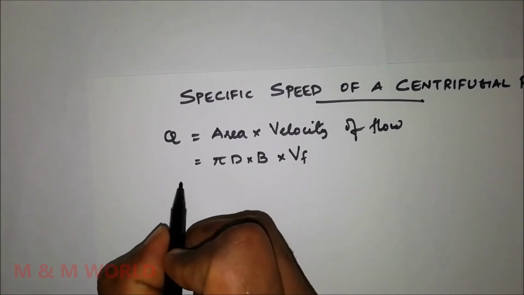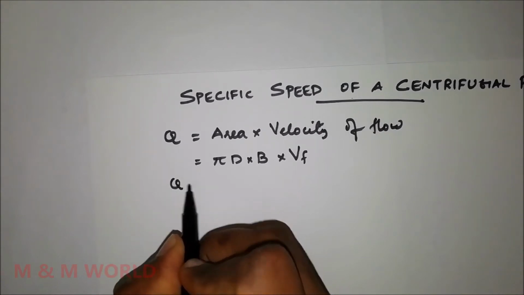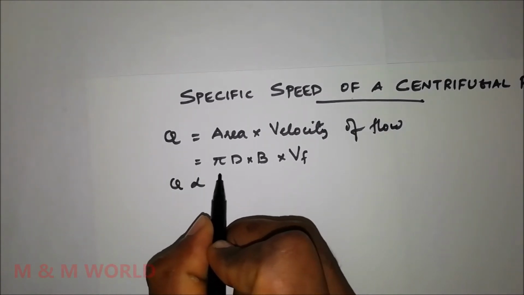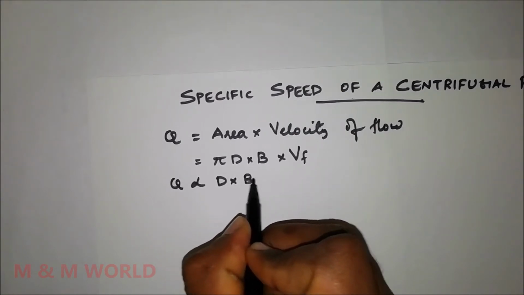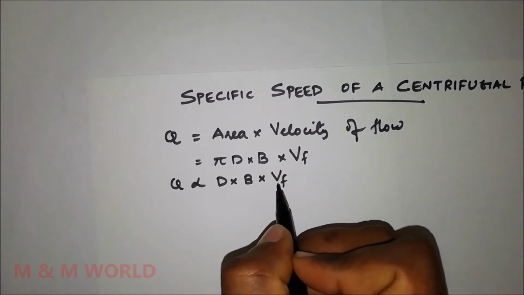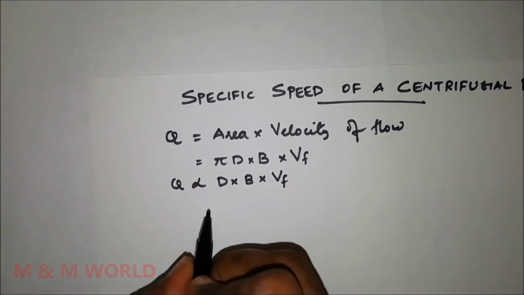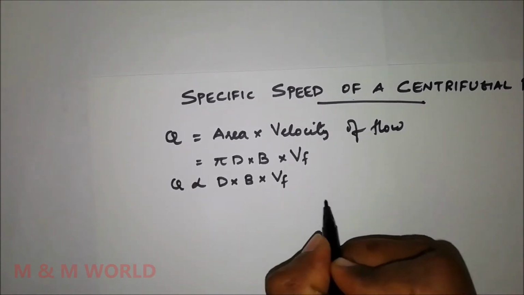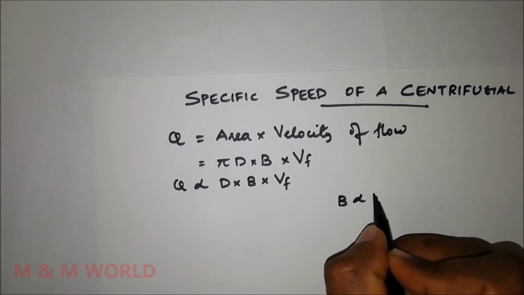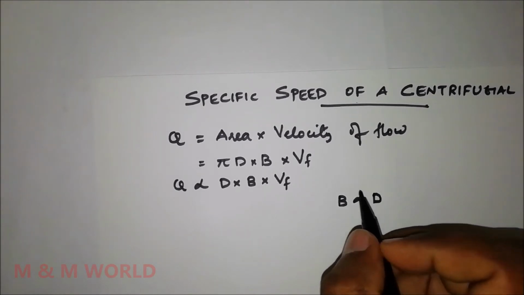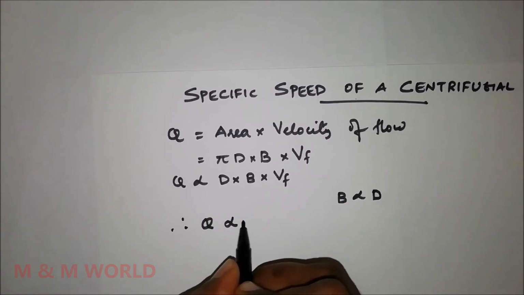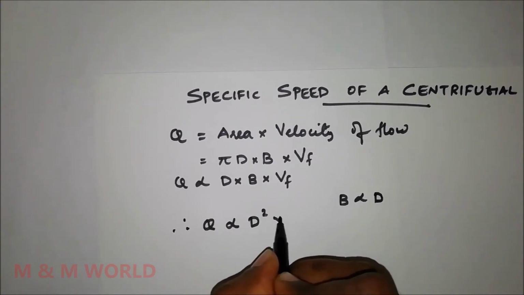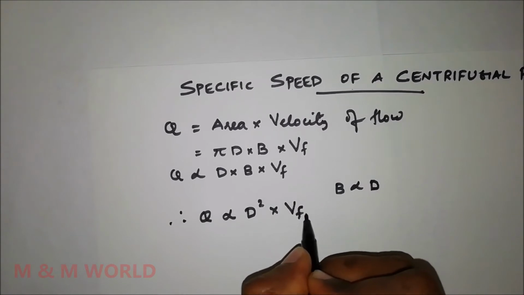So Q is directly proportional to pi, which is a constant, d into b into Vf, and we know that b is directly proportional to d. Therefore, Q is directly proportional to d square into Vf.